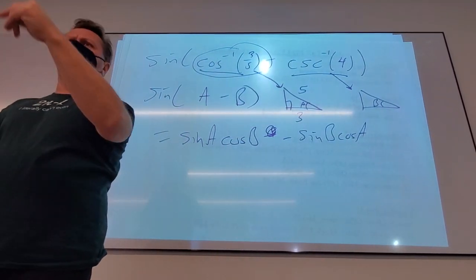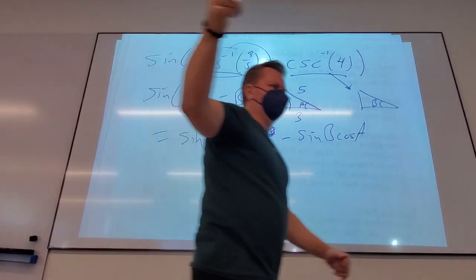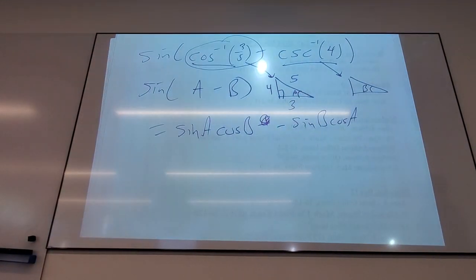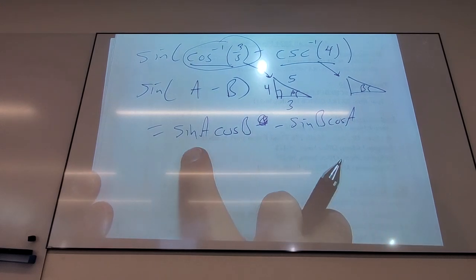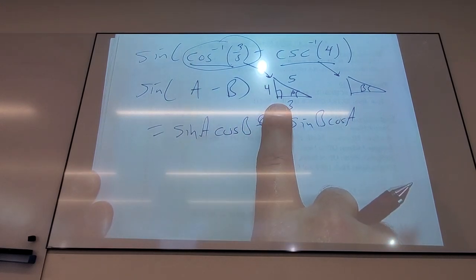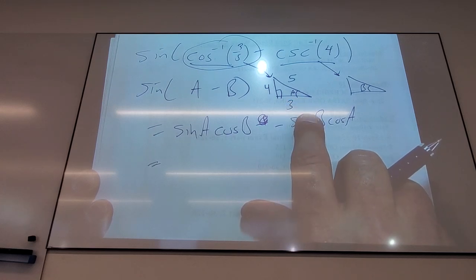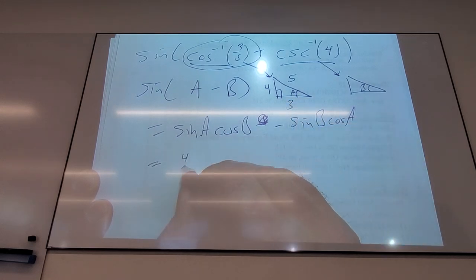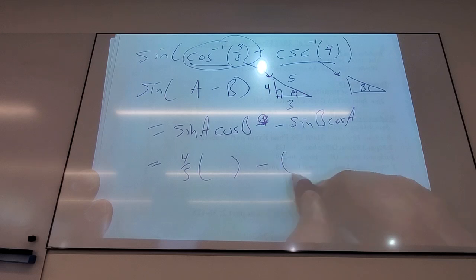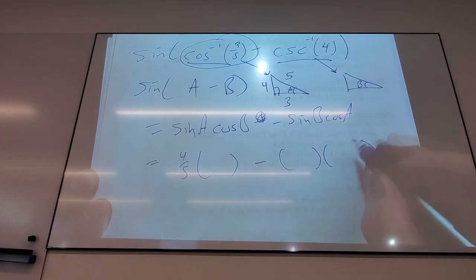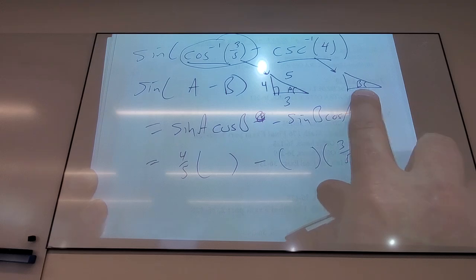It's 4, right? 3, 4, 5. So, just to show you, what is sine of A? 4/5. What is cosine of A? 3/5. Now I do the same thing with B.